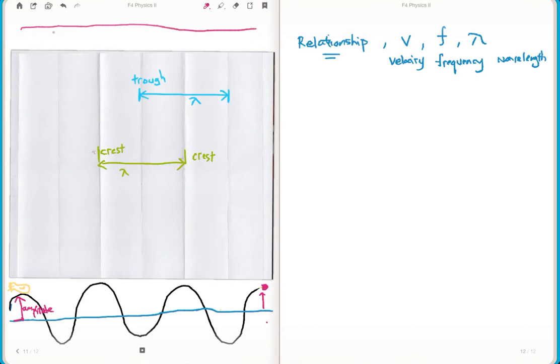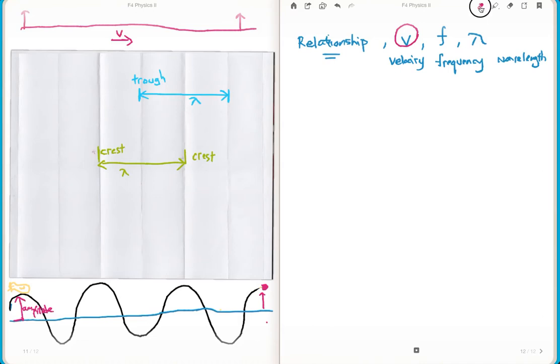So how long does it take for a crest here to form a crest over there? This is what is meant by the velocity. How long does it take for this crest to occur over on your right? It's not about the duck moving from left to right. Alright? So make it clear, this is what is meant by the velocity.